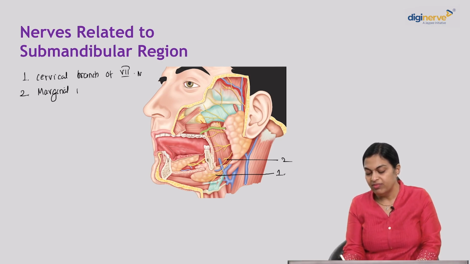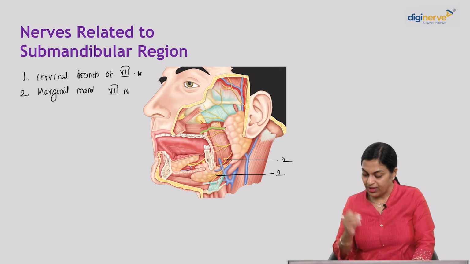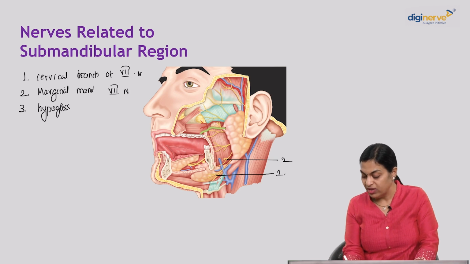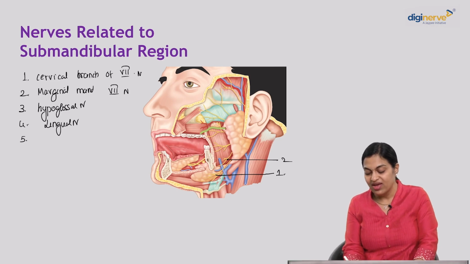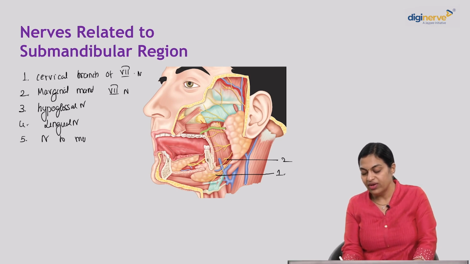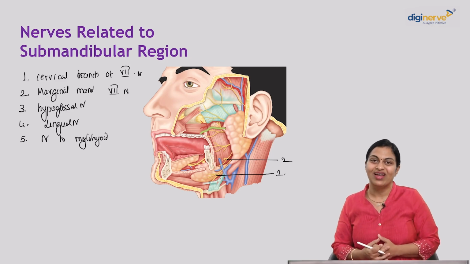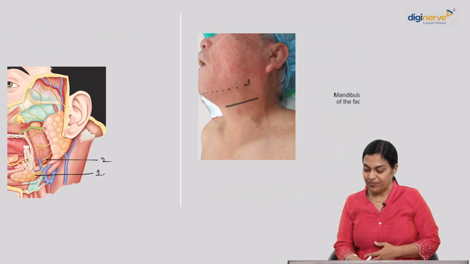The marginal mandibular branch of the facial nerve, right? And remember in the previous picture, we saw the hypoglossal nerve, the 12th nerve, then the lingual nerve closely related to the Wharton's duct, and the nerve to mylohyoid. All these are closely related to the submandibular salivary gland and can be injured.